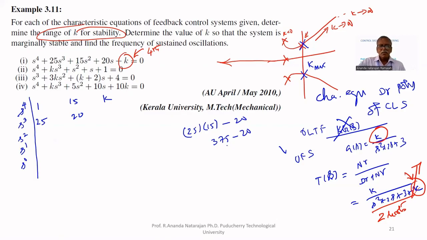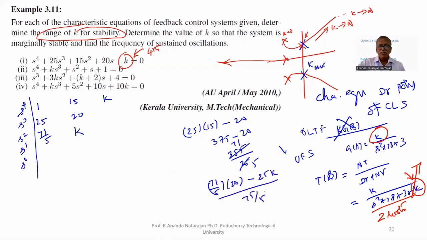375 minus 20 equals 355. 355 divided by 25 gives 71 by 5. Here k will come automatically. For the s power 1 row: 71 by 5 multiplied by 20 minus 25k, divided by 71 by 5.